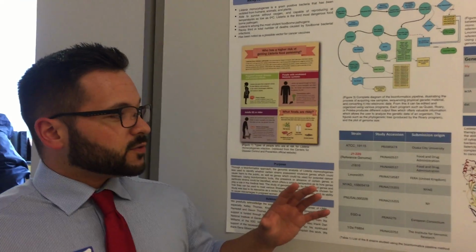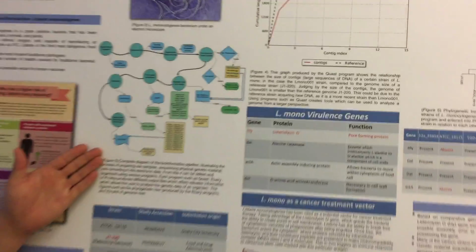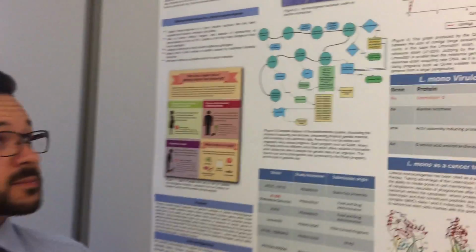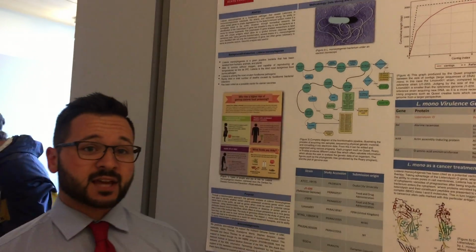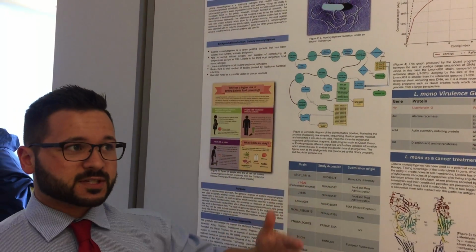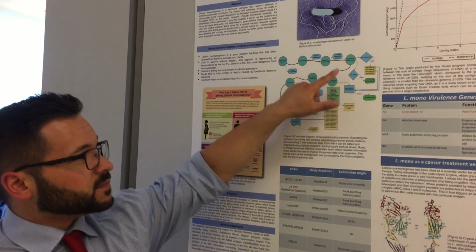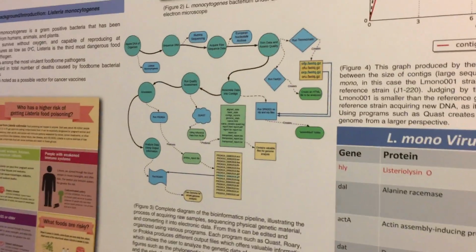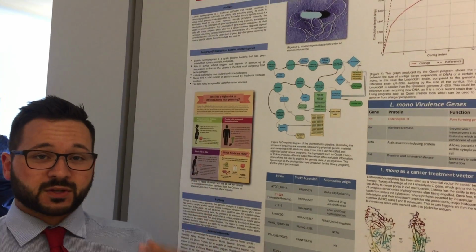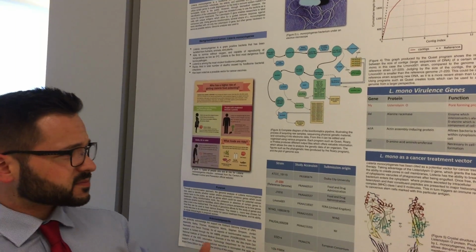So, from a bioinformatics approach, this is the pipeline outlining the basic stepwise manner in which we analyze the genome of the bacteria. It starts here when we acquire the DNA through raw samples, which, after a series of steps through Illumina sequencing, we have these various programs that treat the raw data, which is basically just giant files called contigs of nucleotides, like raw DNA sequence.